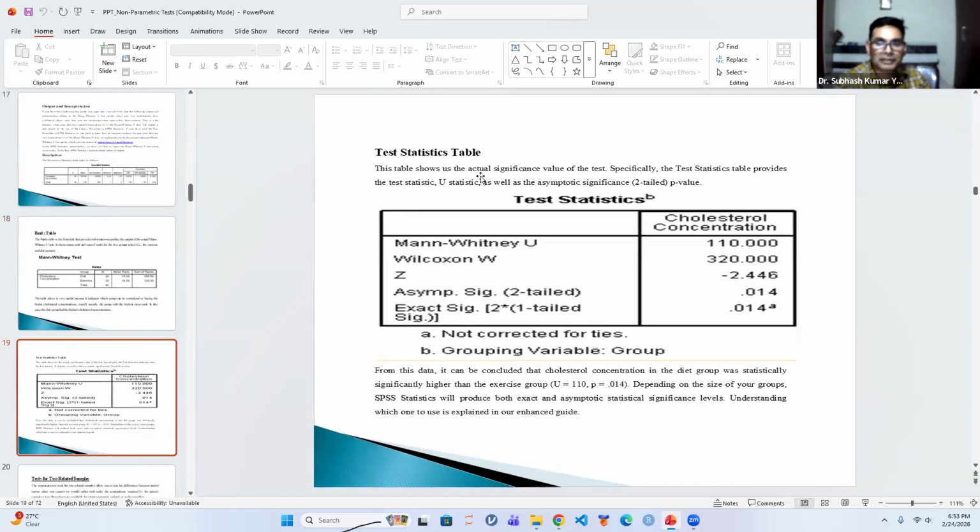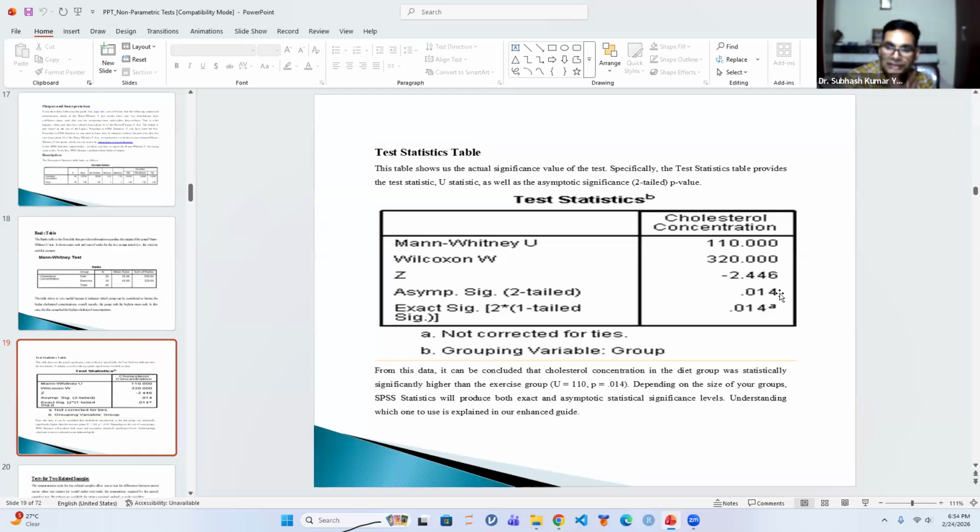So this is the main table for the Mann-Whitney U test. You can see here the asymptotic significance for two-tailed. So you can see the p-value. The p-value is 0.014. Whenever the p-value is less than 0.05, we reject the null hypothesis at 5% level of significance. And if we are taking 1% level of significance, then the p-value should be less than 0.01.